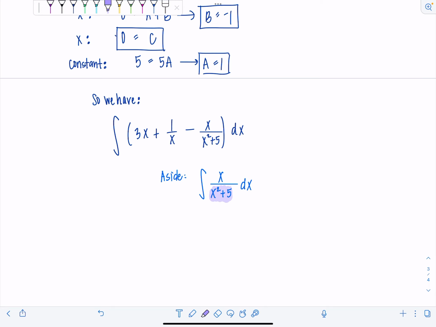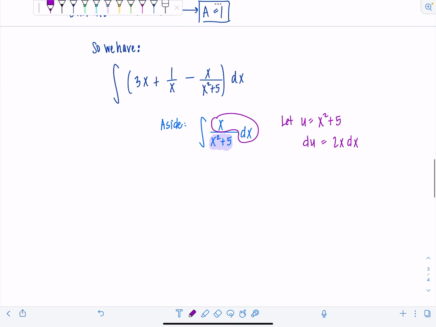That's the most perfect time to use u substitution, because if I let u equal x squared plus 5, then what's du going to be? It's 2x dx, which is fabulous because we've got that x dx right there. So 1/2 du is x dx, which means this is going to give us the integral. I usually like putting the constants outside, so let's put that 1/2 out there.